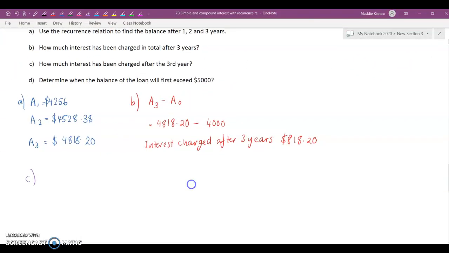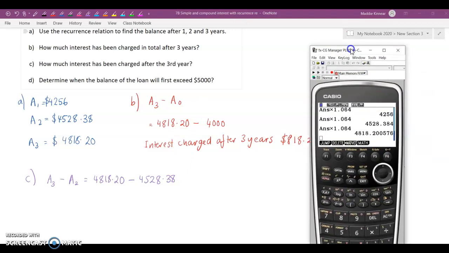So how much interest has been charged after the 3rd year? It's going to be A3 minus A2. So that's $4,818.20 minus $4,528.38.